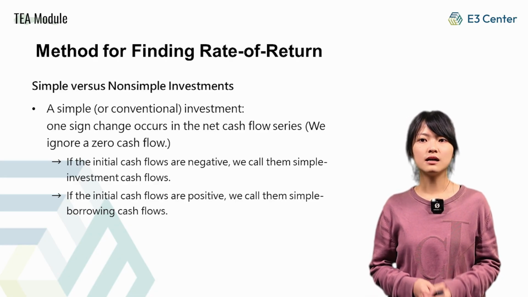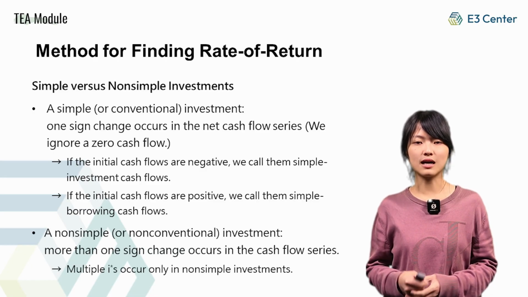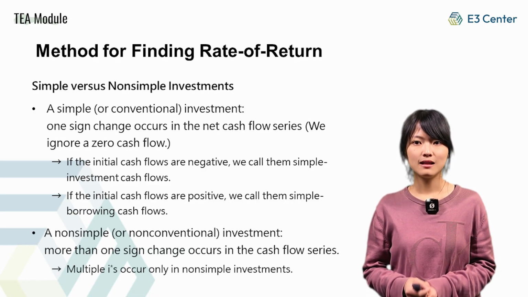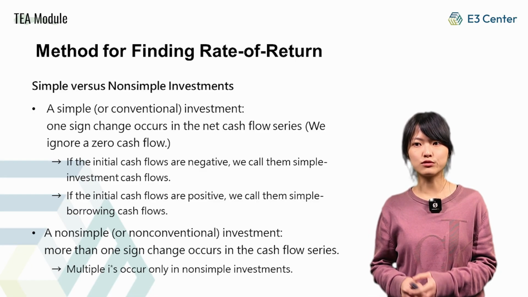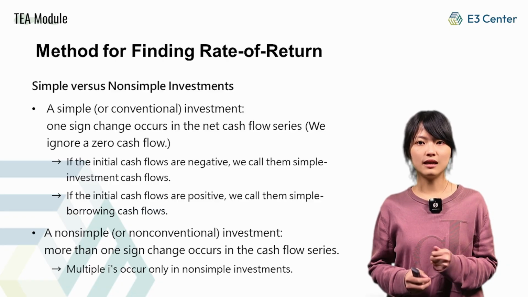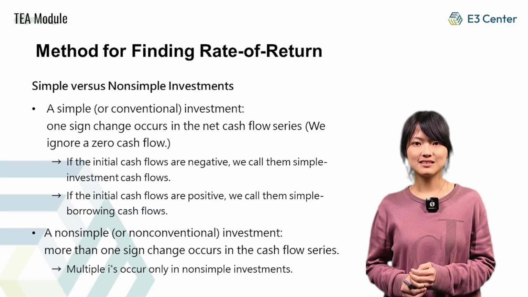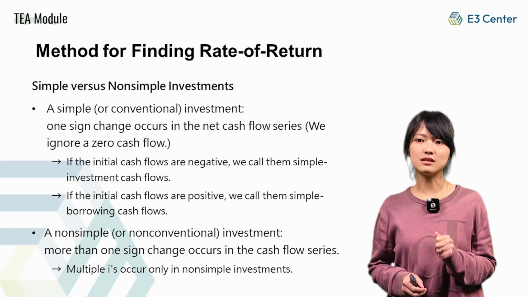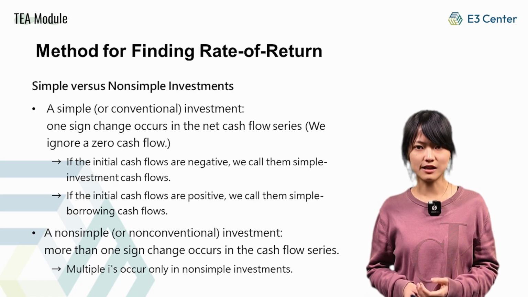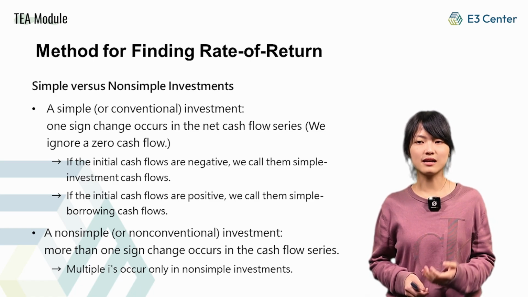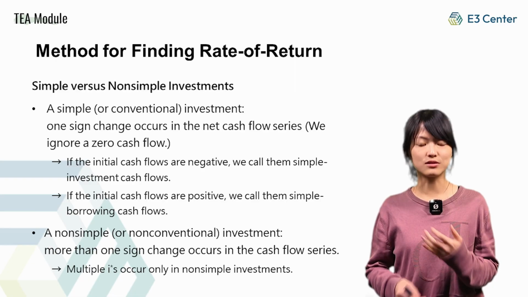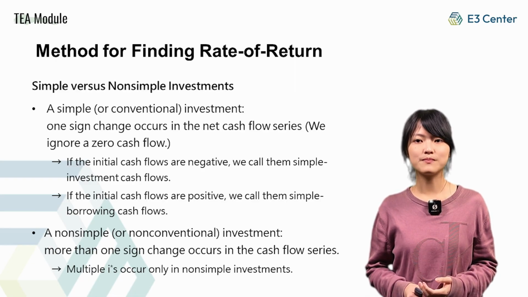On the other hand, we have non-simple or non-conventional investments. These are characterized by more than one sign change in the cash flow series. Such scenarios typically emerge in more complex investment structures, where the cash inflows and outflows alternate over the period.